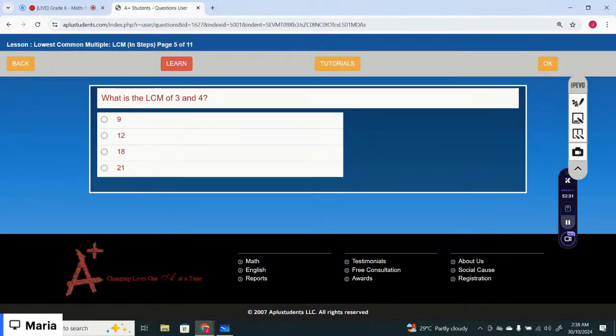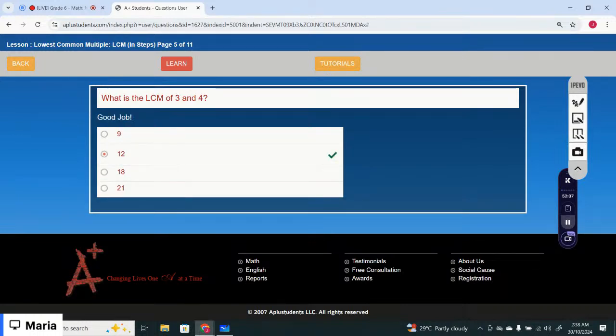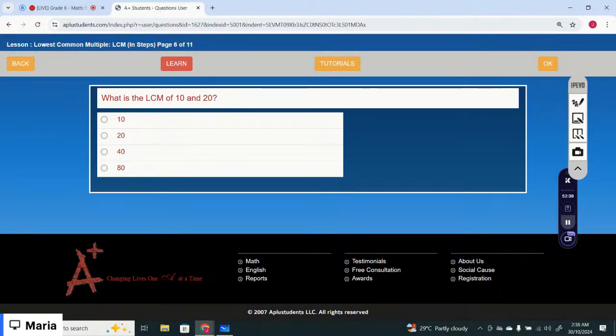The correct option is option number 2. 12 it is. What is the LCM of 10 and 20, which is the correct option?